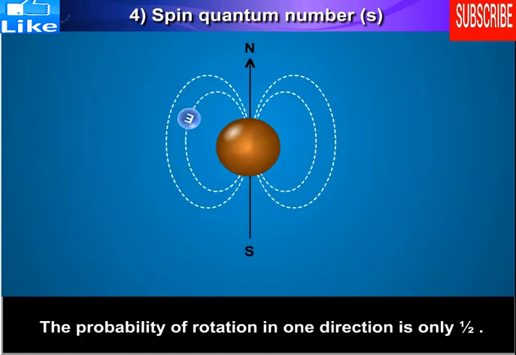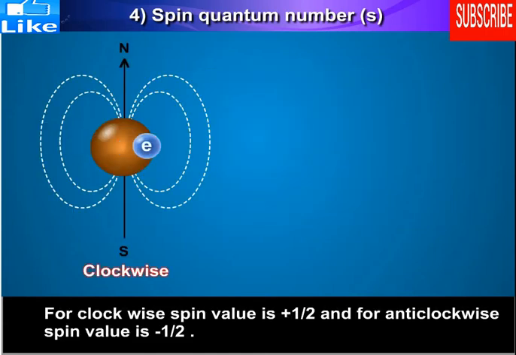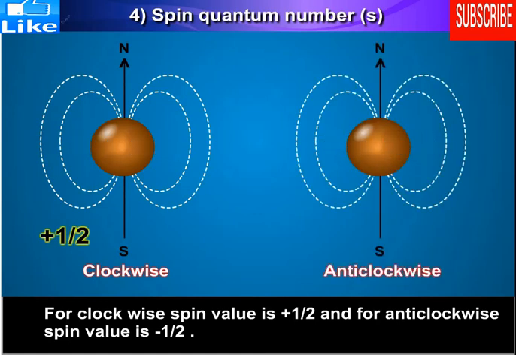The probability of rotation in one direction is only half. Therefore, the spin quantum number can have only 2 values, +1/2 and -1/2. For clockwise spin the value is +1/2, and for anti-clockwise spin the value is -1/2.